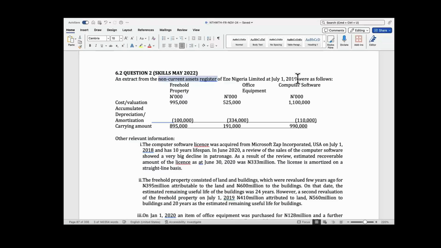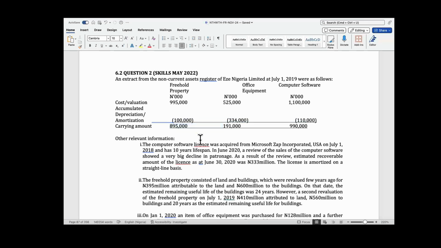So July 1st is like the beginning of that year. They gave us office equipment and computer software. They gave us costs. These are the costs or valuations. Then they gave us accumulated depreciation or amortization, and they gave us all these figures here. Of course, by the time you remove the accumulated depreciation or amortization from the cost, you get the carrying amount.